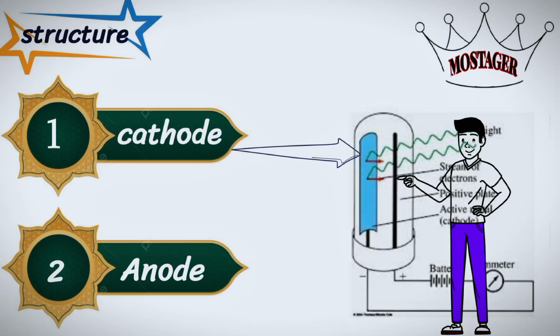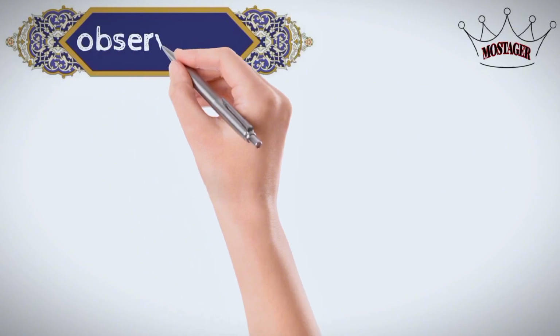Okay, the light falls on the metallic surface, the cathode.